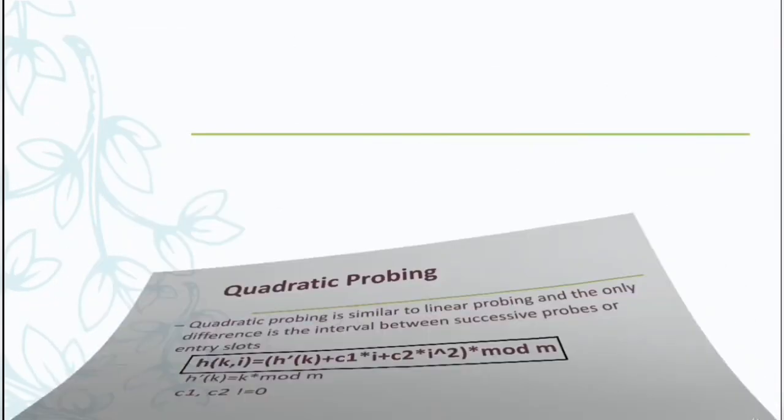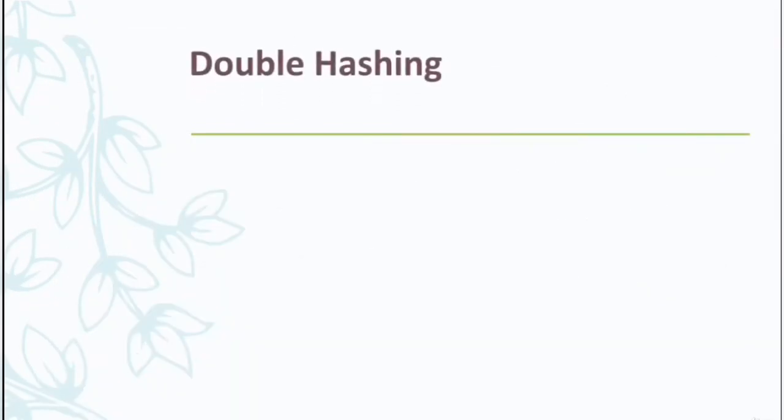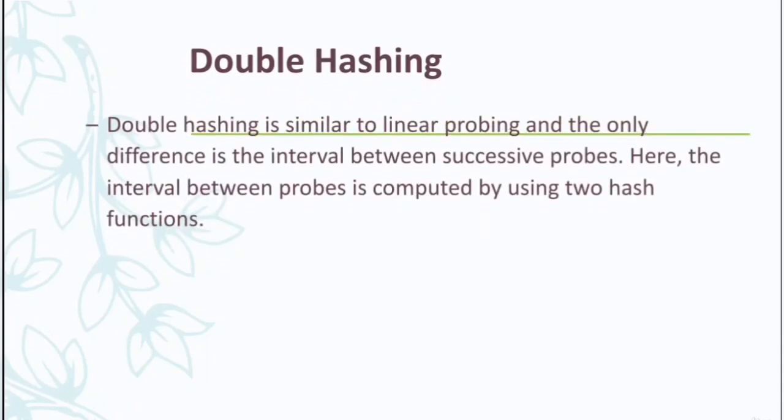So let's move forward to the next point, which is double hashing. So basically double hashing is similar to linear probing, and the only difference is the interval between successive probes. Here the interval between probes is computed by using two hash functions.